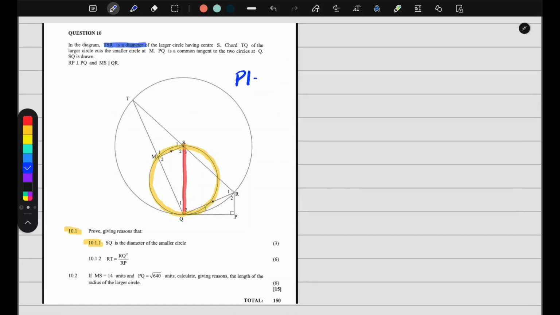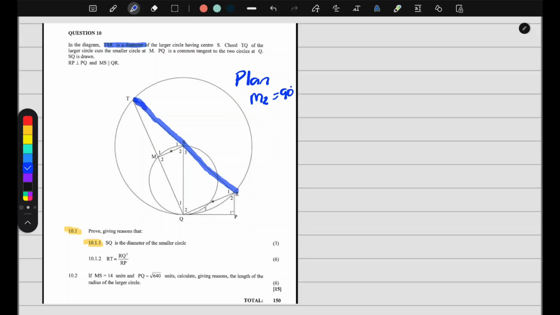The plan is to prove that, so S and Q. So let's see, S will go to the circumference of the circle. Remember, we are in the smaller circle. Q can also go to M. We have to prove that this angle is 90. Our plan is to prove that M2 is 90 degrees. So remember, if you read your information again, TR is a diameter to the circle. So this TSR, this whole thing, is a diameter.